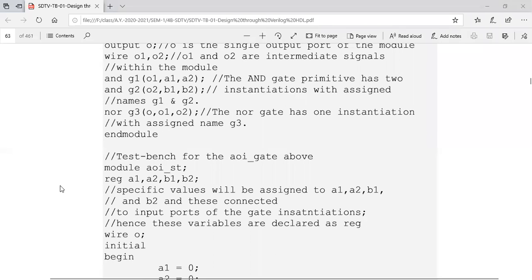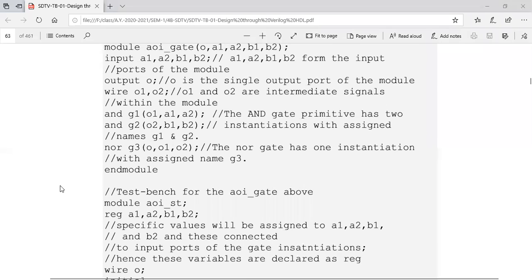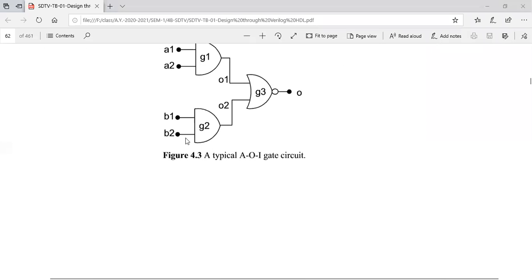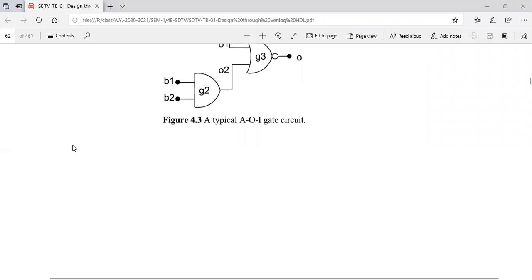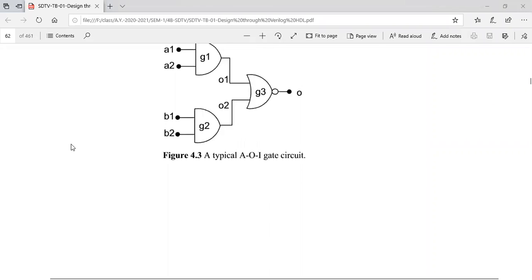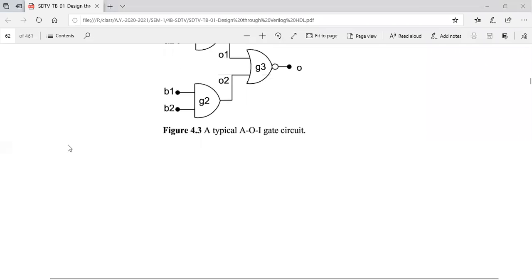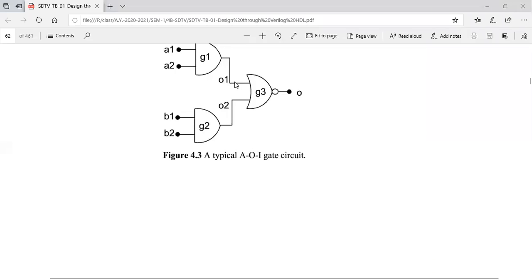Now the NOR gate. Here the other gate, G3, is an OR gate. Sorry, NOR gate. I am going to call the NOR gate with the name G3, and for that I have inputs O1 and O2, and my final output.